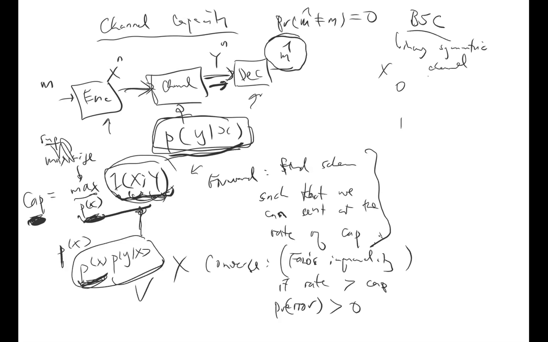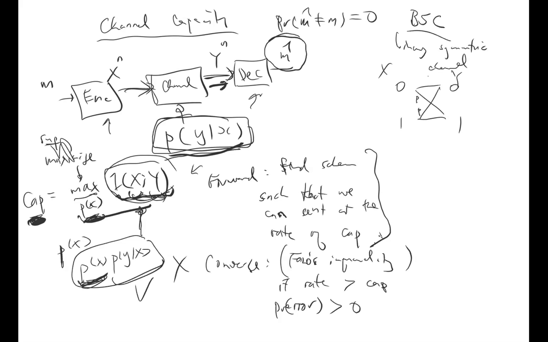I have x coming in, so x can be 0, but I have non-zero probability that I will get y equal to the flip of that. So I have probability p that x is equal to 0 but y is equal to 1. In the same token, probability p that x is equal to 1 but y is equal to 0.